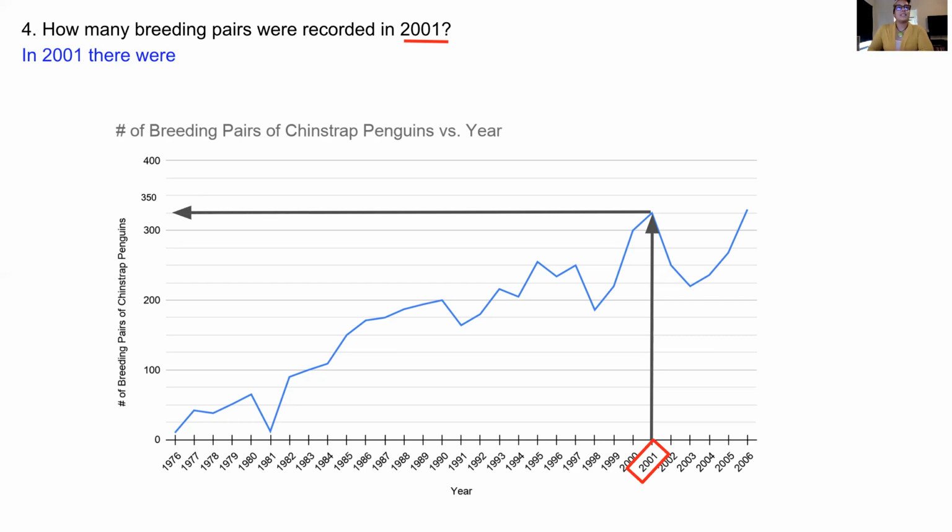That still doesn't quite line up with this line in the middle. So now we can do the half again. Halfway in between 300 and 350 is 325. So how many breeding pair were recorded in 2001? The answer is 325. We had to take a few extra steps to get there, but we got there. So in 2001, there were 325 breeding pair of chinstrap penguins.